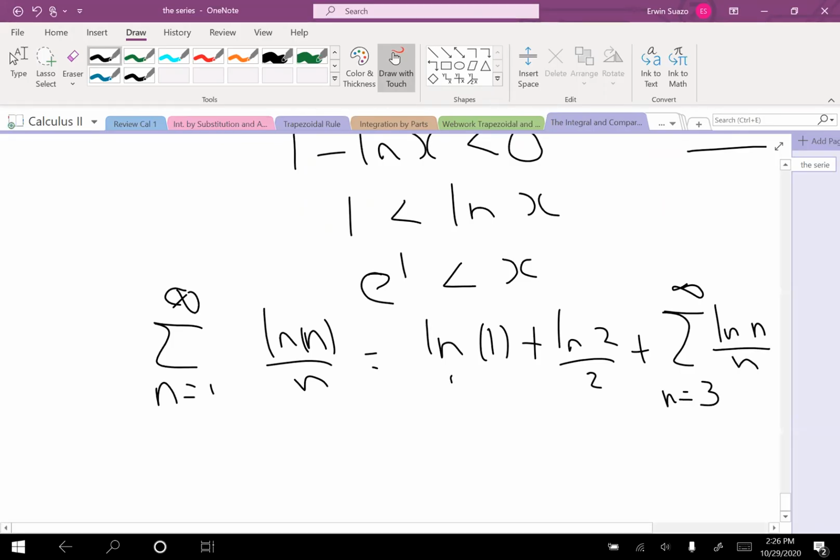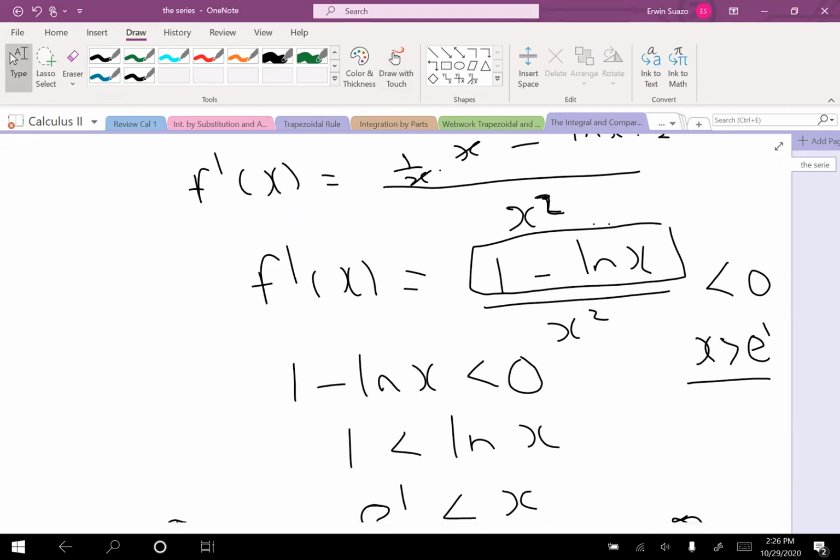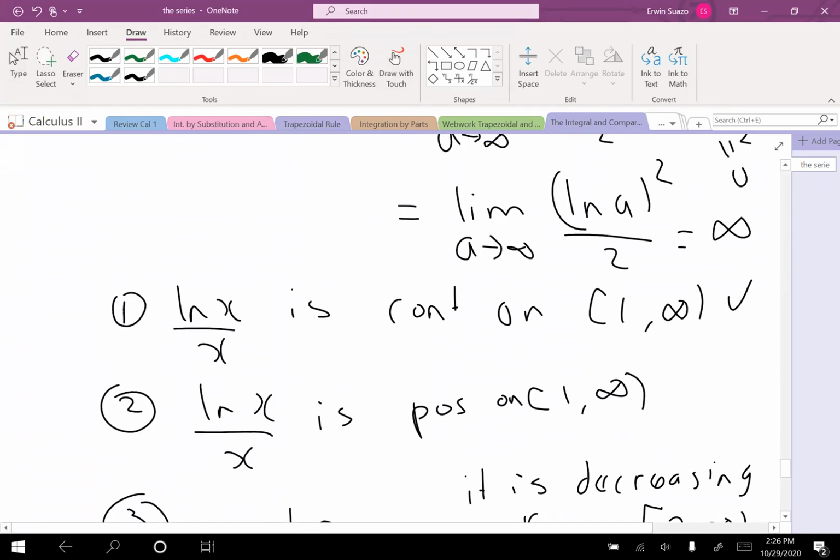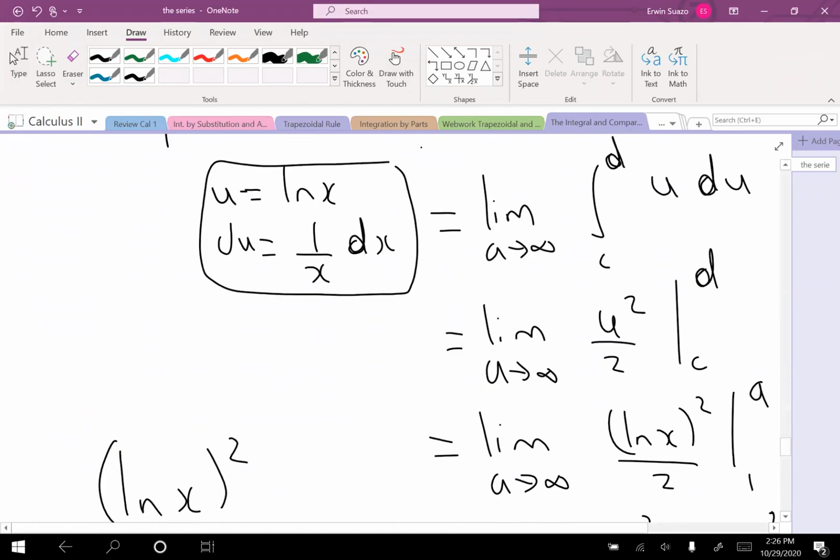So this is a real number, this is a real number, but this is divergent, so the whole thing is divergent.